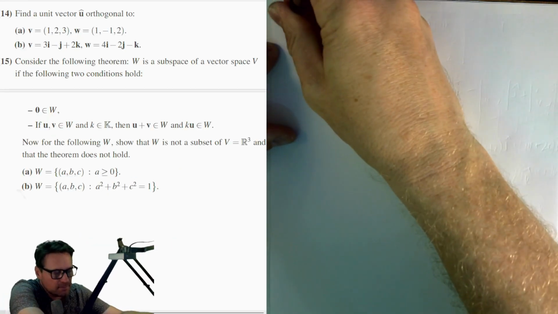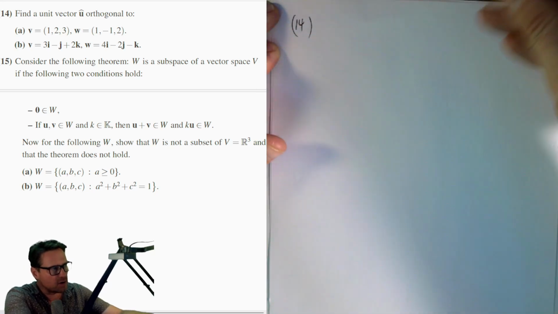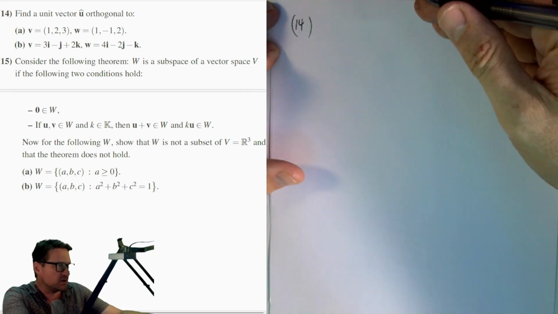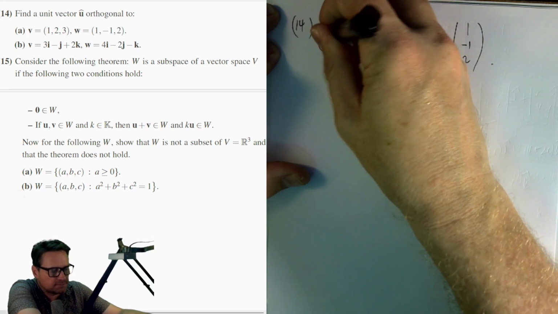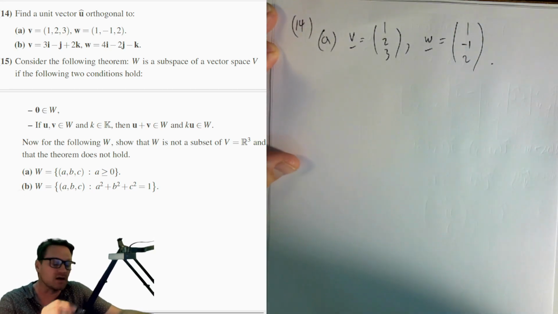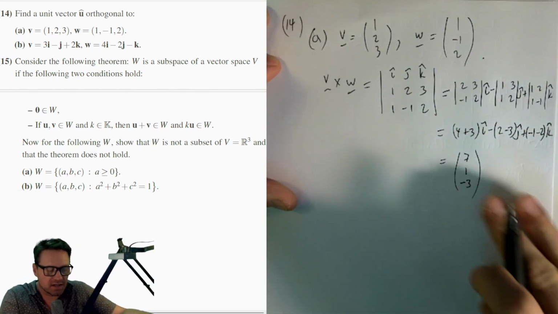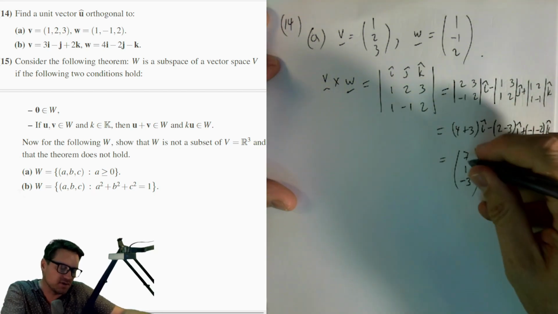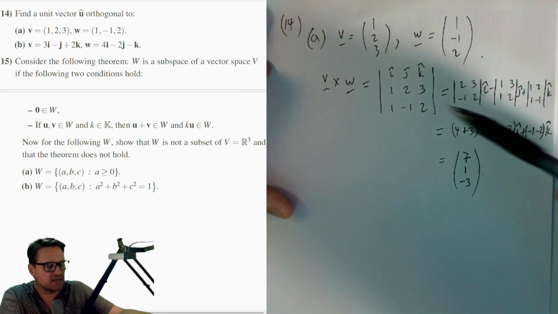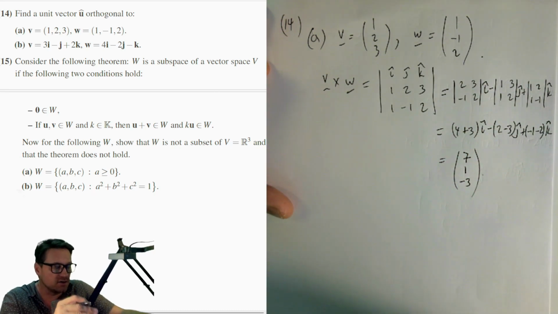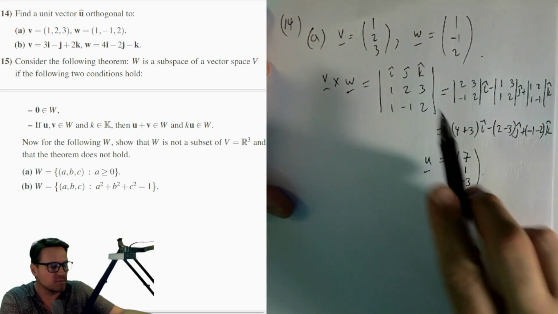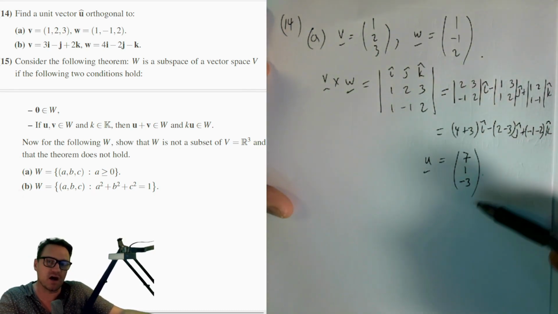Question 14. Find a unit vector u hat orthogonal to v and w. So the first thing we would want to do here in part A is take the cross product of v and w. So the cross product gives 7, 1, minus 3. Okay, so now this vector is perpendicular to both v and w, but if we're to find a unit vector u hat perpendicular to v and w, then we need to divide by the norm of it.